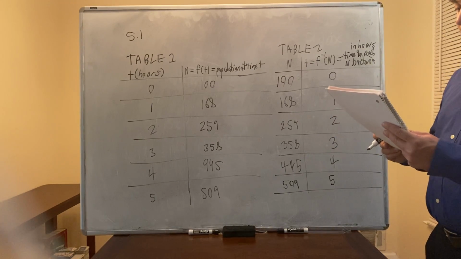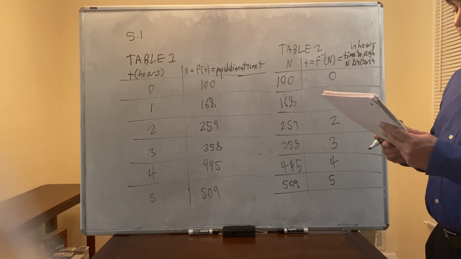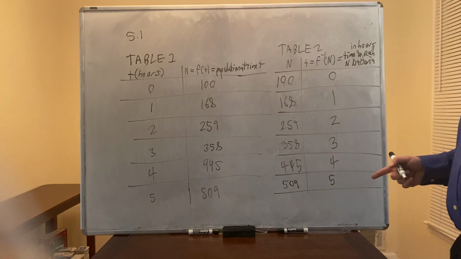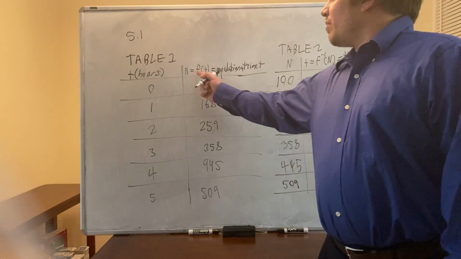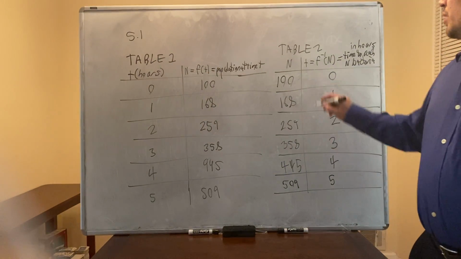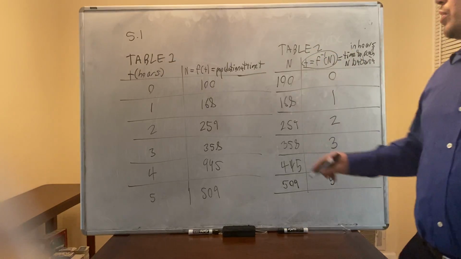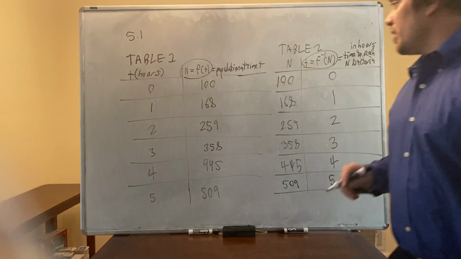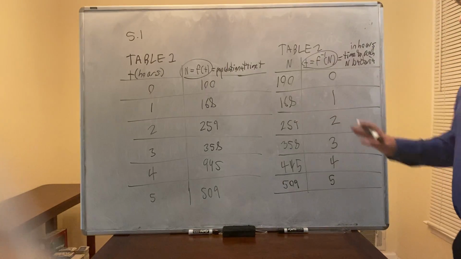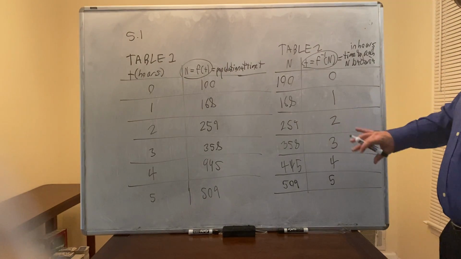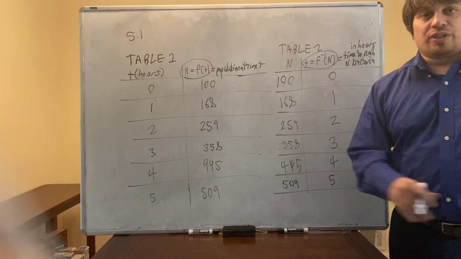So in this case, this function T is an inverse of this function F. Okay? So this function T in table 2 is an inverse of that function F. And this represents the inverse of a function.